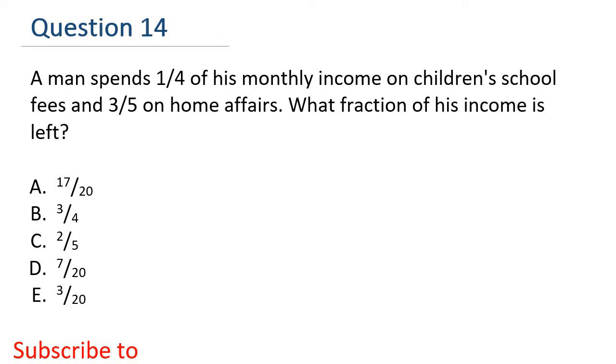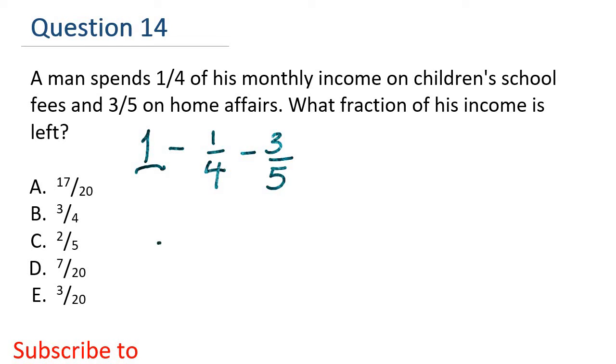Very easy. For fractions, 1 means everything. Out of this one, minus what is spent on school fees, which is 1/4, minus what is spent on home affairs, which is 3/5, what you have left will be the fraction left.